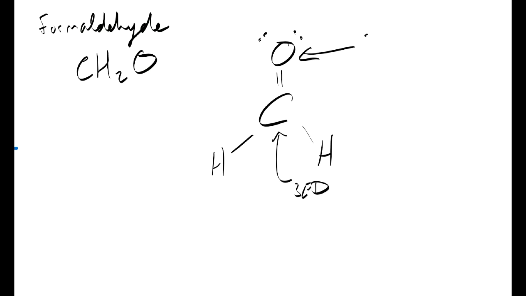This oxygen likewise looks around itself, sees 3 electron domains. So that means that we have a sigma, and then this double bond is sigma plus pi. It's a sigma bond and a pi bond. So that is formaldehyde. A sigma bond between each of the hydrogens and carbon, and then between carbon and oxygen, a double bond composed of a sigma bond and a pi bond.